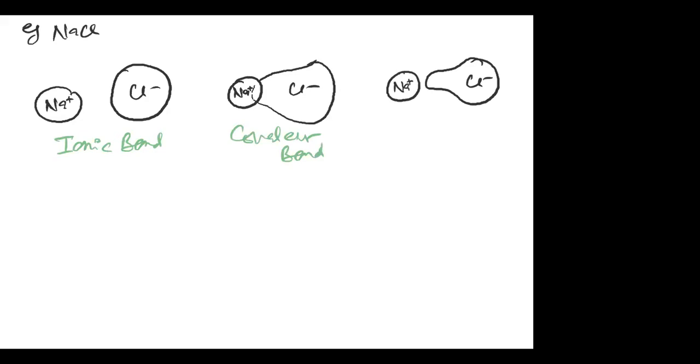And as far as Na plus and Cl minus is concerned, it is assumed to be 100% ionic hypothetically, and this is the actual situation. So no bond remains 100% ionic due to polarization of anion.